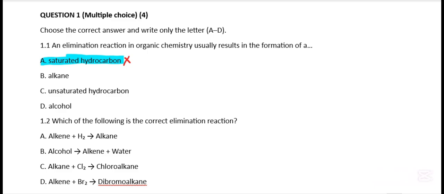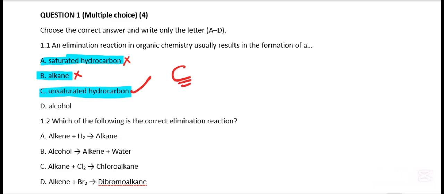A saturated compound is not formed. Alkane. No, even this one is out. An alkane is not formed because it is also saturated. What is formed is an unsaturated hydrocarbon. It is the only one formed, which means the option here is C.